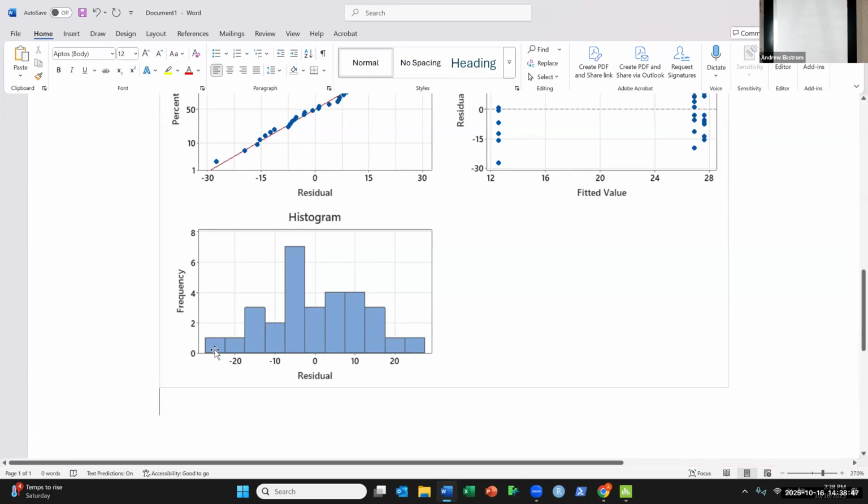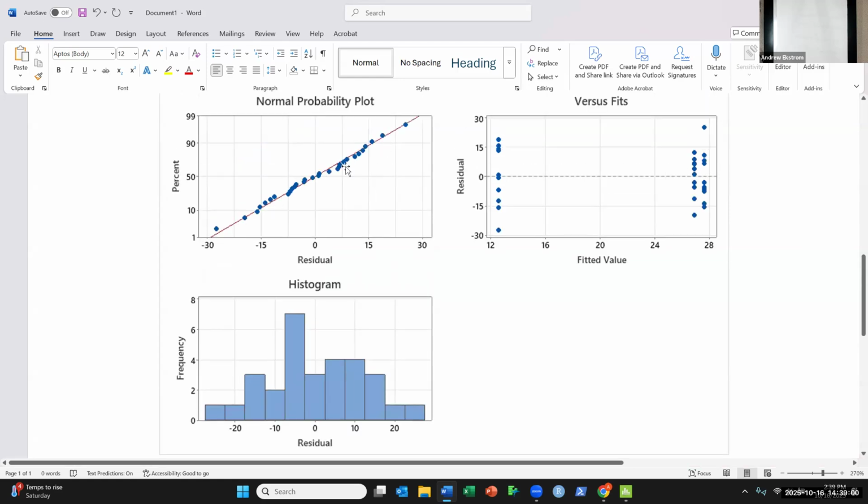Based on what I see here, low on the outside, higher in the middle, because of the small sample size, it looks normalishly distributed to me, or at least close enough. Since this says it looks good, I'm not going to worry too much about what this says down here, okay?